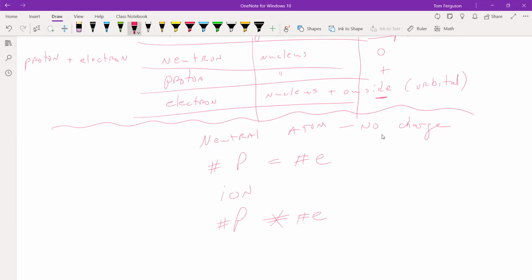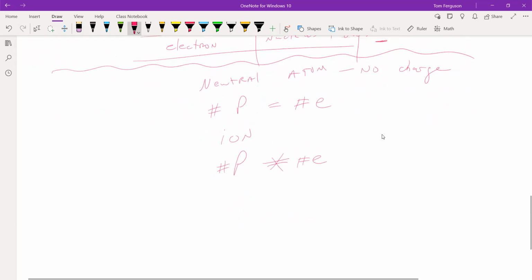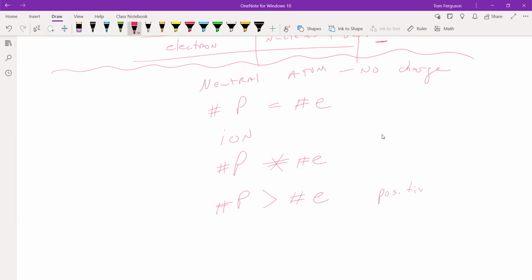So we have two kinds of ions. If we have more positive protons than negative electrons, we end up with a positive ion. That is called a cation.